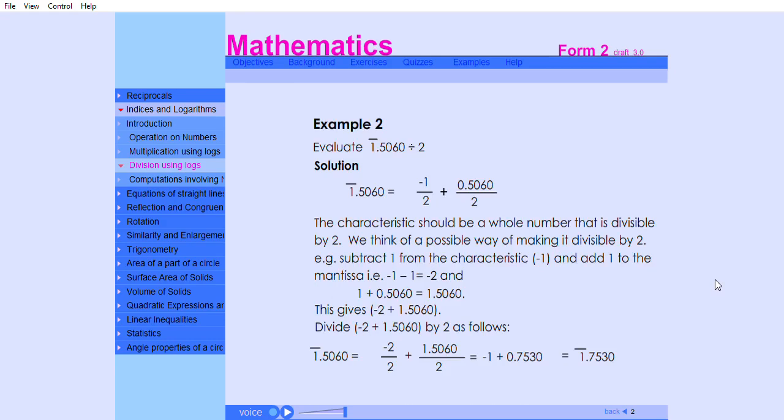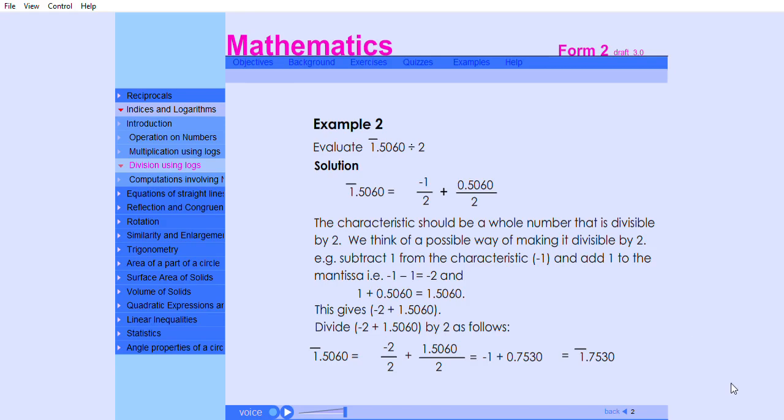Example 2. Evaluate bar 1.5060 divided by 2. Bar 1.5060 is equal to -1 over 2 plus 0.5060 over 2. The characteristic should be a whole number that is divisible by 2. We think of a possible way of making it divisible by 2. For example, subtract 1 from the characteristic -1 and add 1 to the mantissa.